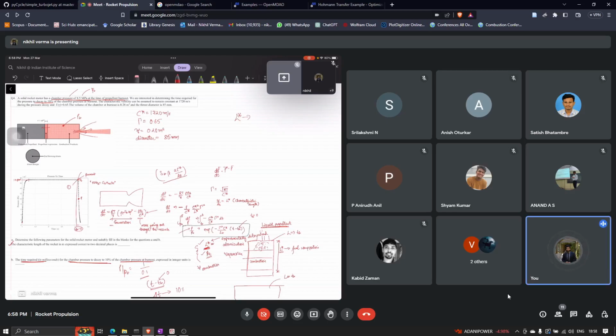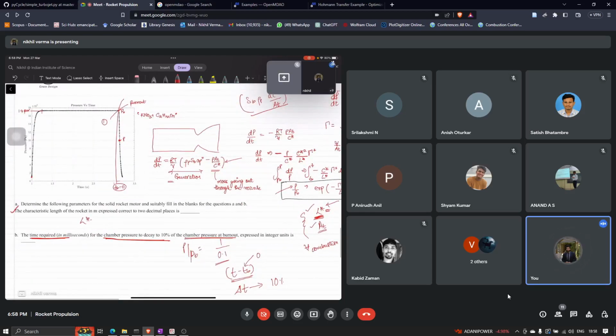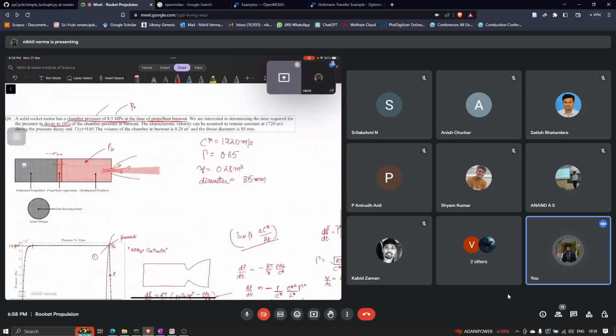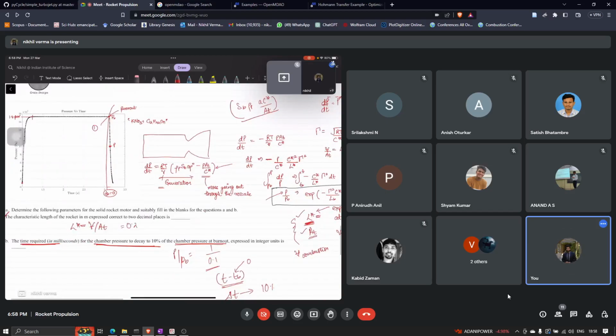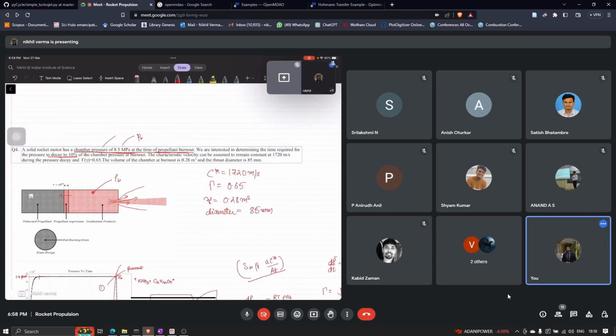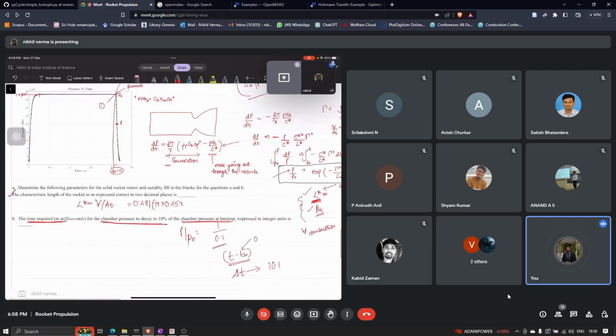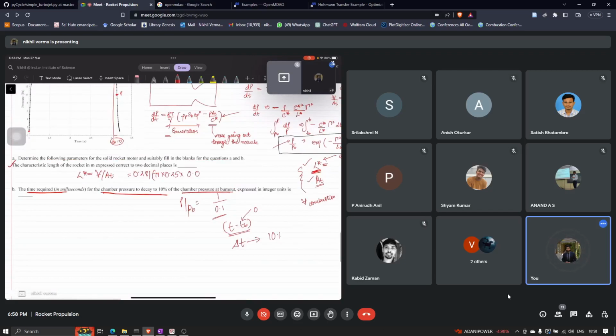Let us try to solve this. The characteristic length, L star, is the volume divided by the area of the throat. The volume is given as 0.28 divided by the throat area, which is 0.085 squared.